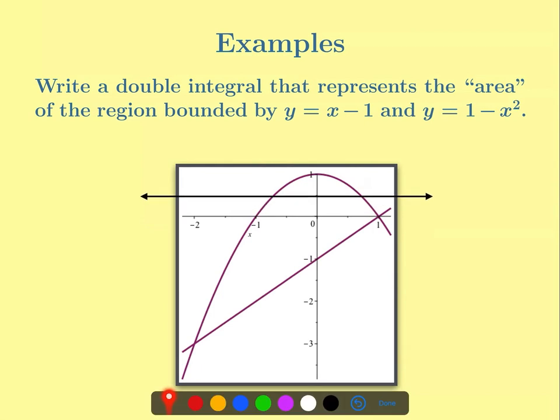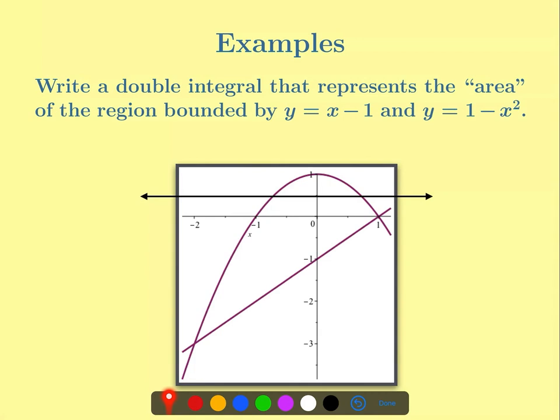If I draw a horizontal line up here, I can see that I'm now going from the left curve, being the parabola we had, to the right, which is the same parabola. So the limits of integration really would be minus the square root of 1 minus y, and then plus the square root of 1 minus y here.